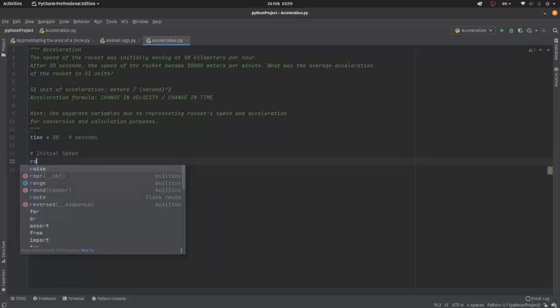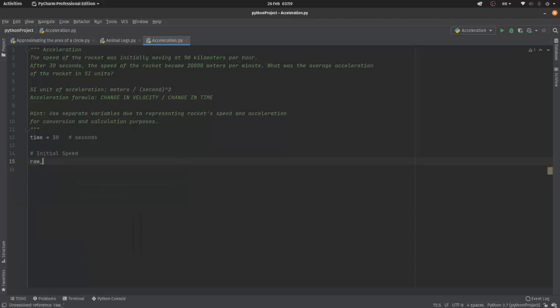Firstly, I will create a raw initial speed variable. What is it for? Now, 50 is not converted and not useful right now, but we can make it useful after doing some processing on it.